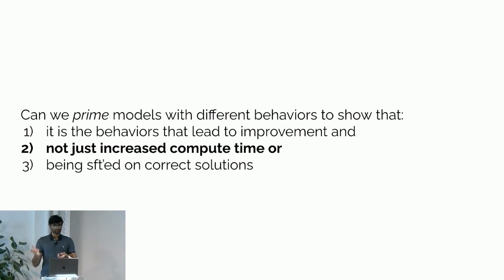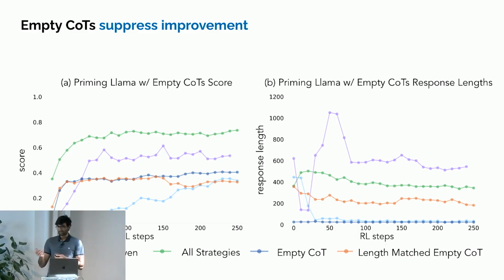So next, we're going to do the academic thing, which is to try to battle out against a bunch of questions that reviewers might ask. The first question a reviewer might ask is whether it is the additional passes through the language model that is giving me the wins. We try to argue against that by creating compute-matched setups with two conditions, one with an empty chain of thought and one with a length-matched empty chain of thought.